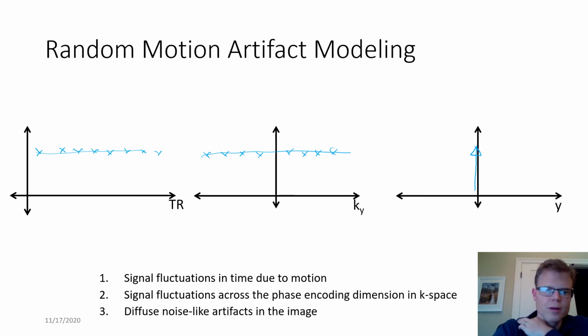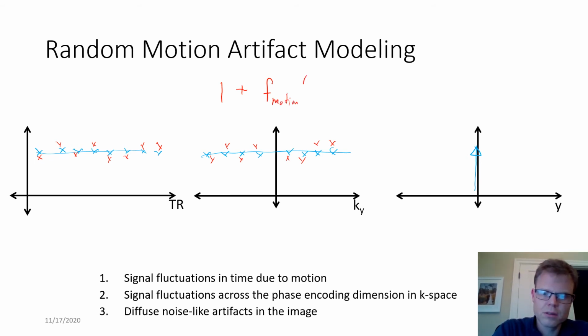So if we have some more random fluctuations on top of our data, then we're not going to be able to have as clean a motion model, but we have some motion, some function that modulates the motion.